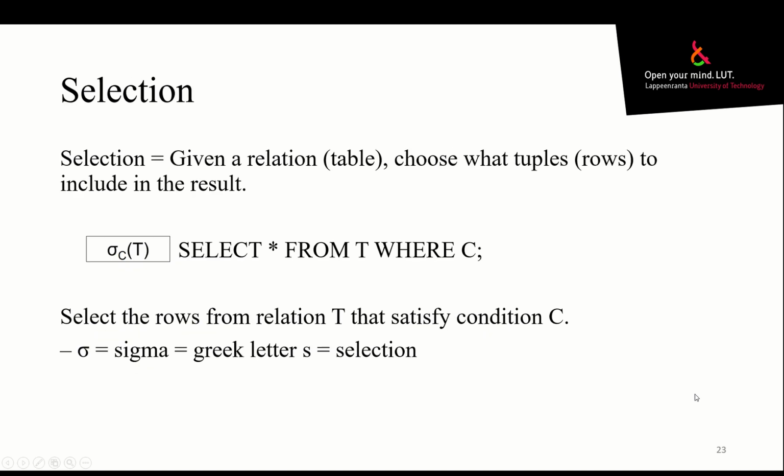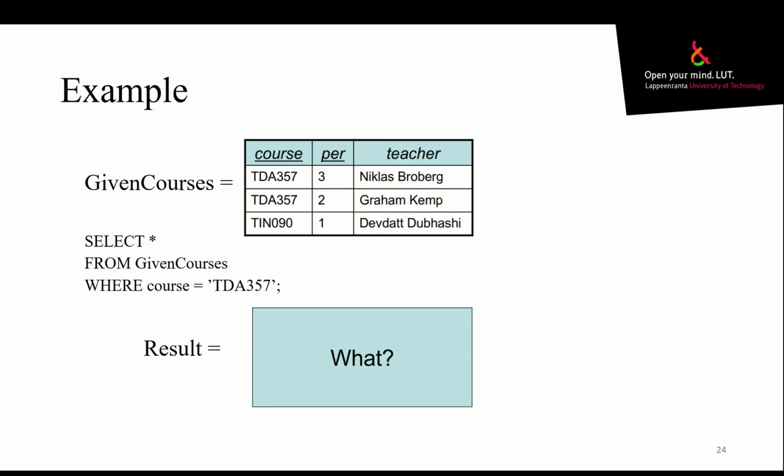So selection is basically used in choosing what rows to show in a particular table, what rows to appear in the results, as you can see from this example here. We are selecting everything, all columns and all rows, from the table called given courses, where the course equals this.